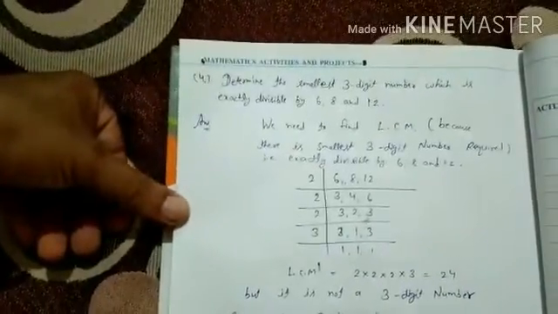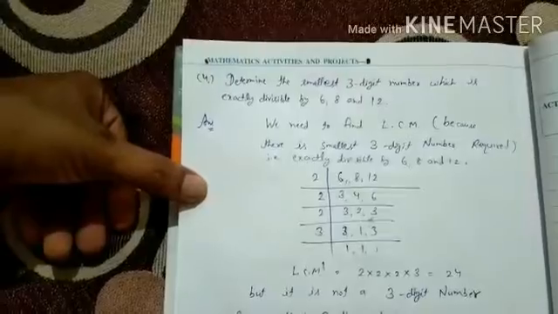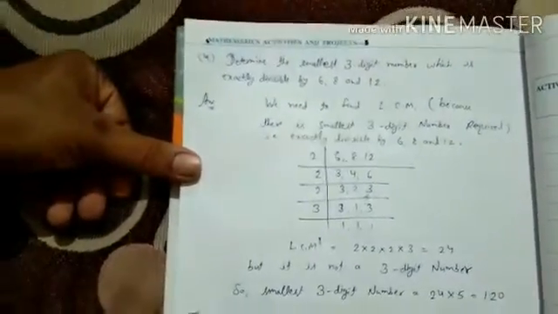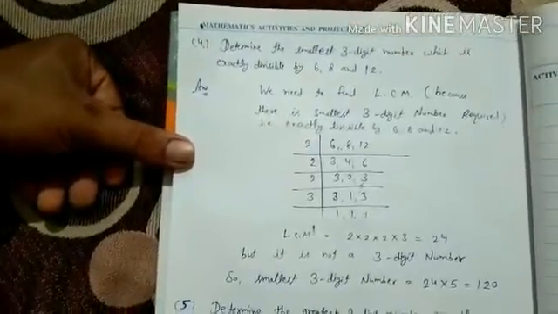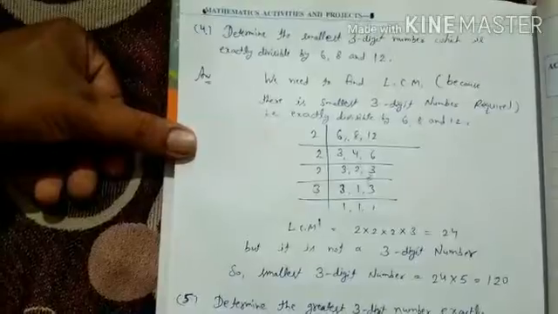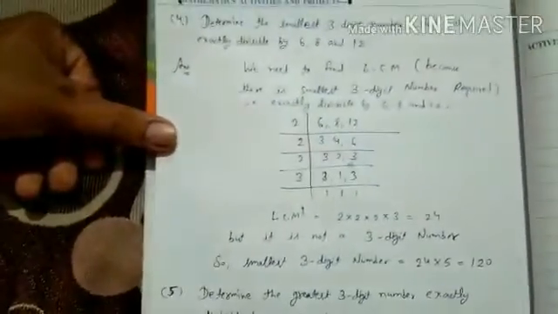Determine the smallest 3-digit number which is exactly divisible by 6, 8 and 12. As you can see, there is the word smallest, so we need to find LCM. And one more thing, whenever we need to solve problems related to divisibility, at that time we always find LCM. So let's start with the LCM.